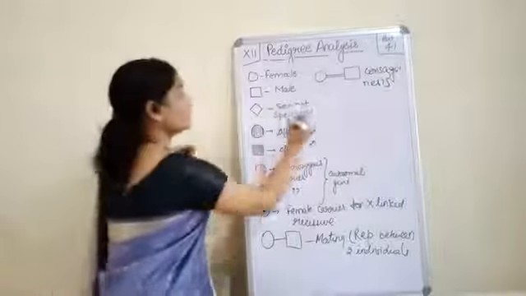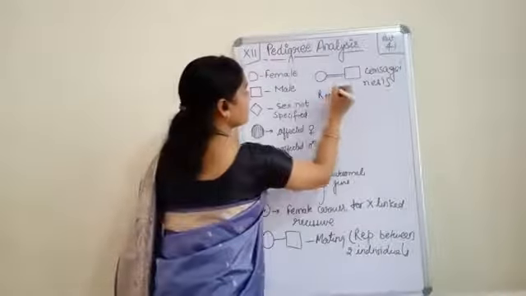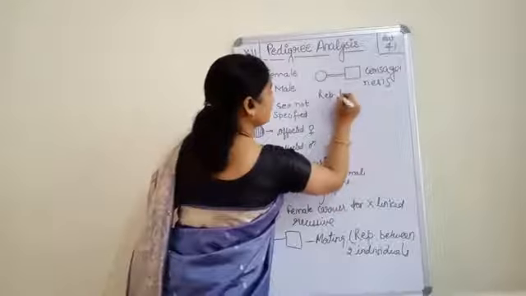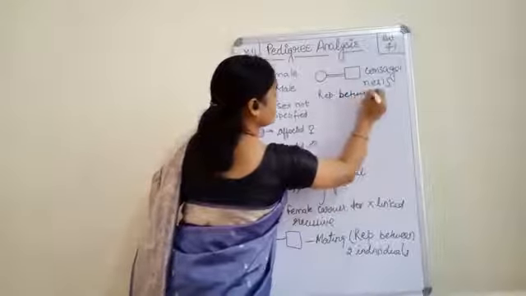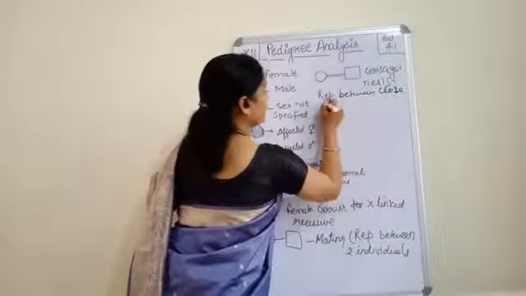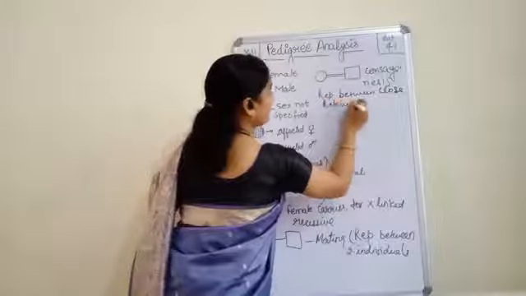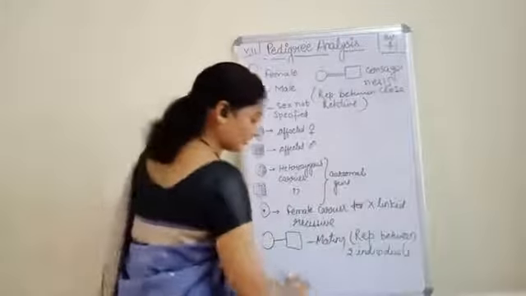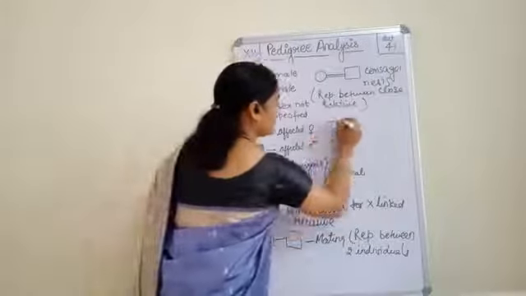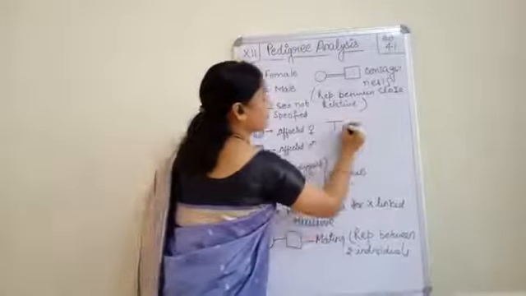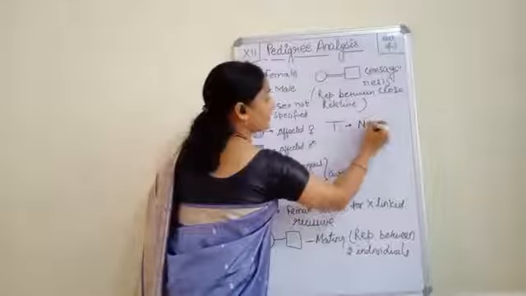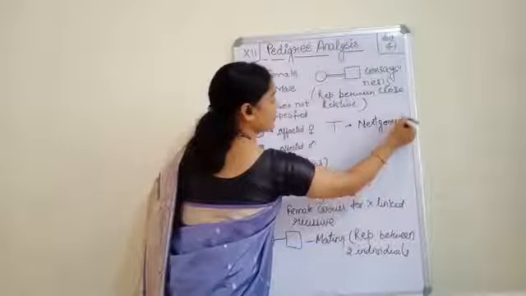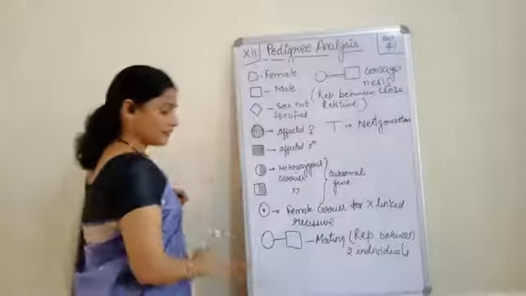It means reproduction between close relatives. Then this symbol represents the next generation. Clear?